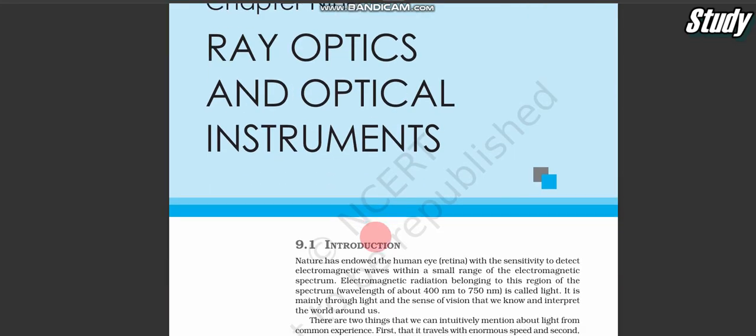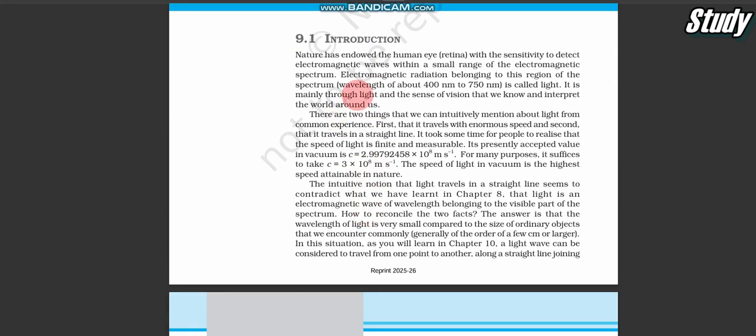So, ray optics and optical instruments. Let us start with the introduction. Nature has endowed us with the human eye, the retina, with a sensitivity to detect electromagnetic waves. We already have a retina in our eyes with a sensitivity to detect electromagnetic waves within a small range of the electromagnetic spectrum only, and electromagnetic radiation belonging to this region of the spectrum, of wavelength 400 nanometer to 750 nanometer, is called light.